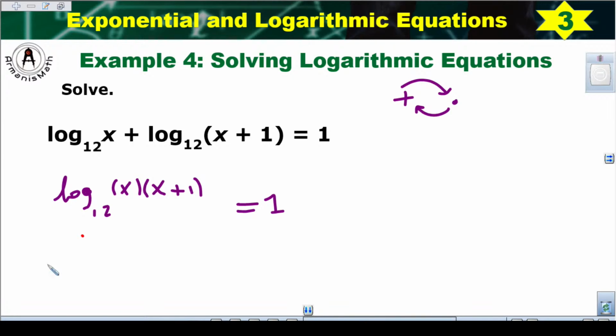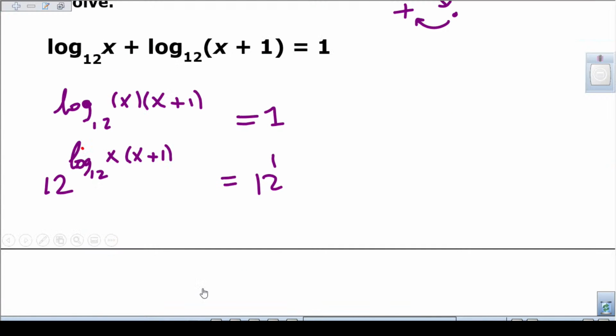So 12 raised to the log base 12 of x times x plus 1 equals 12 as a base to this number here. And if you recall, if you have a base raised to a log of the same base, this thing is going to go bye-bye, leaving you with x times x plus 1 equals 12.